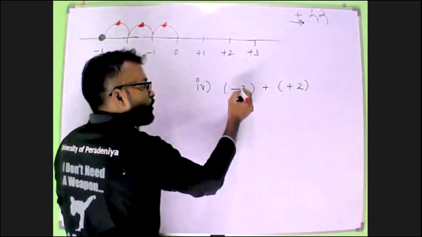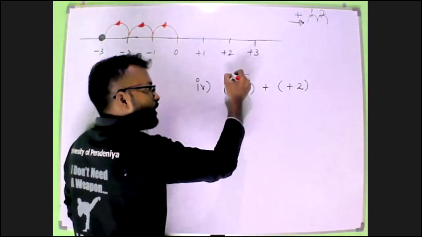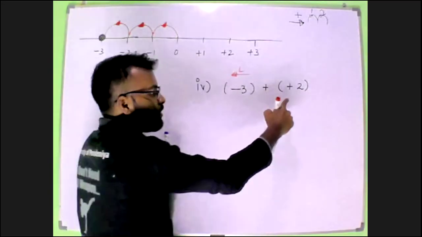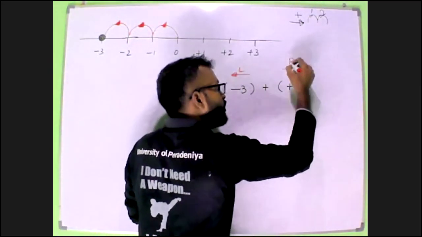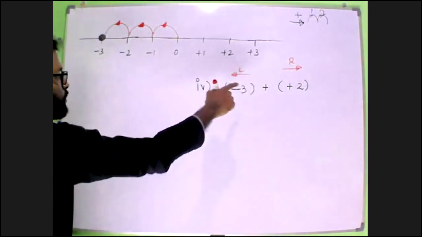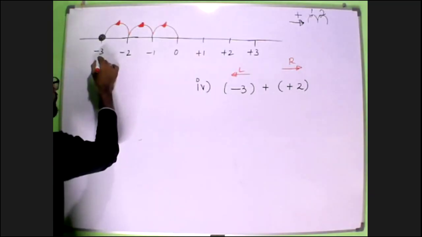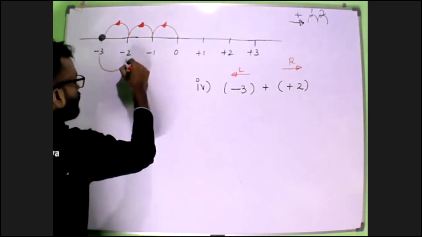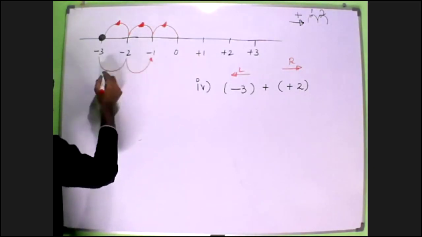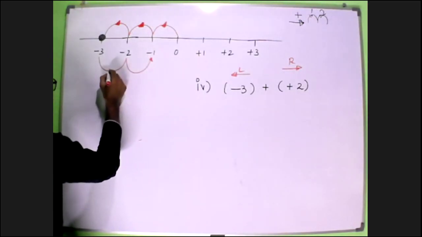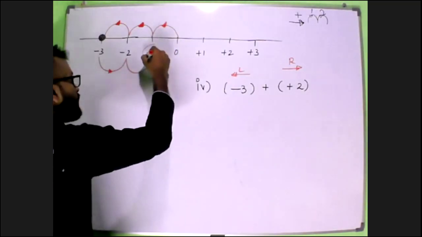If you are looking at minus, you go to your left hand side; if positive, you go to your right hand side. So from here you are going to jump 2 times to your right hand side. So your answer will be minus 1.